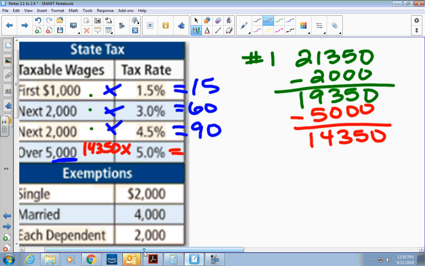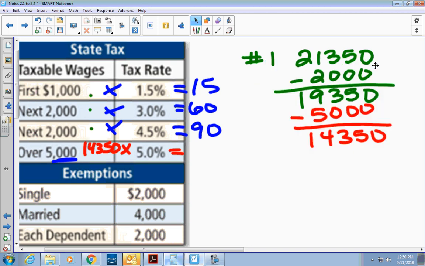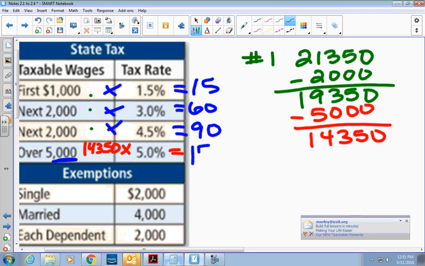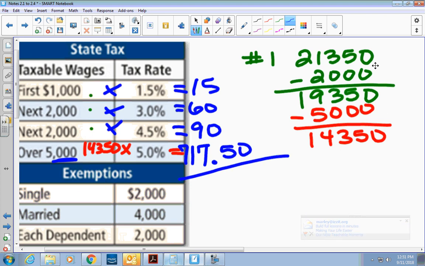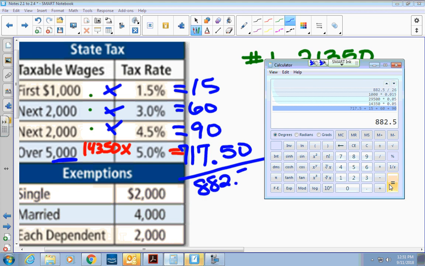That's here, times the 5%. That's $717.50. Now we total all those little pieces together. So we go $717.50 plus the 15 plus the 60 plus the 90. We get $882.50. But that's for the year.